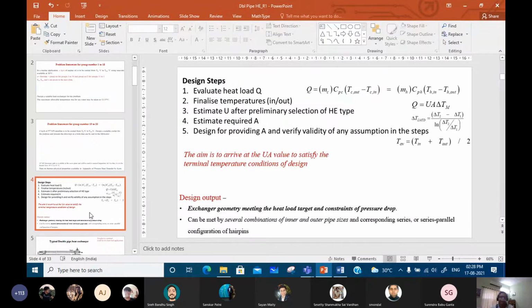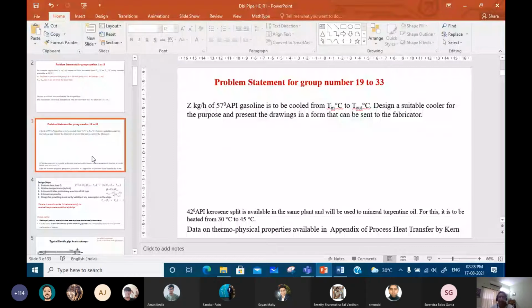Anybody? So, Ma'am, the maximum allowable pressure. That is something extremely important. See, the amount of pressure that the shell side and the tube side fluid, or it's not even the shell side, we'll talk about the shell side and tube side when we go for the shell and tube heat exchanger.